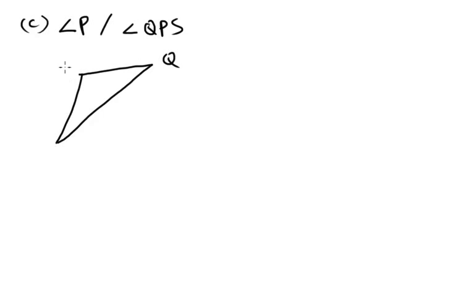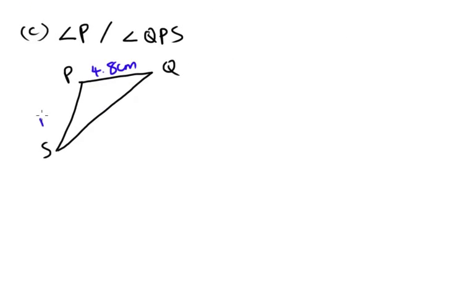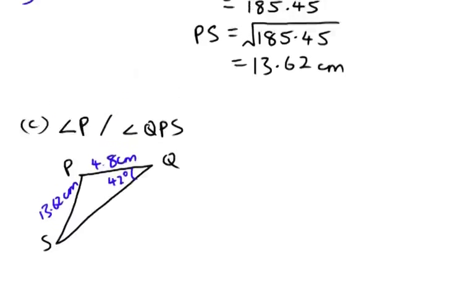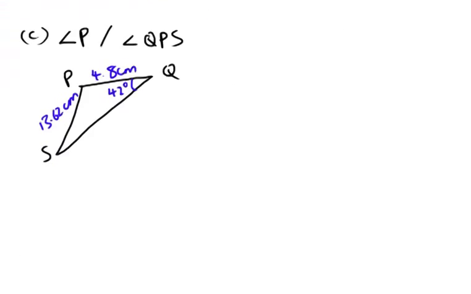So QPS, 4.8 cm, and we have PS as 13.62, and we have Q as 42 degrees, and also we have QS. We found the length of QS, which is 16.8 cm.